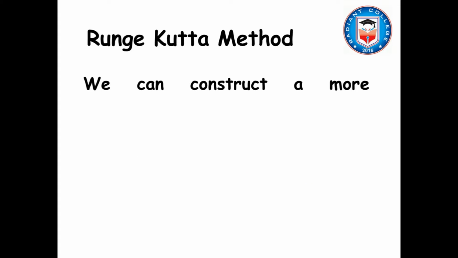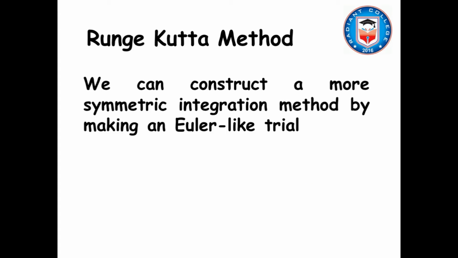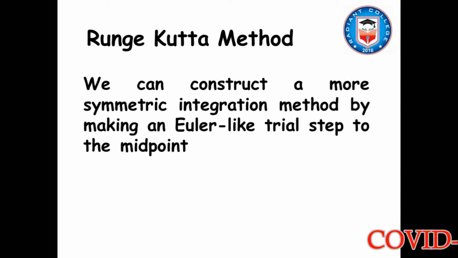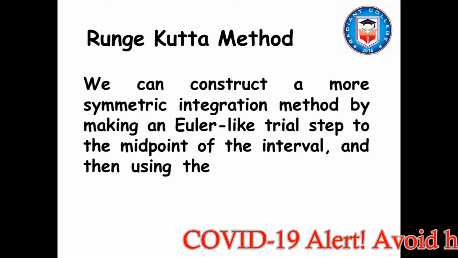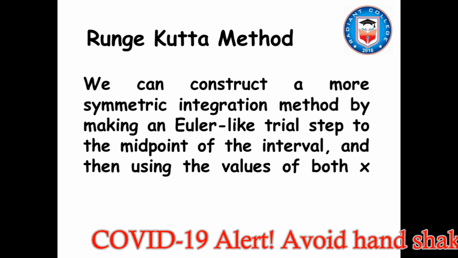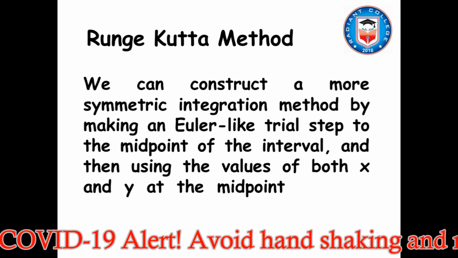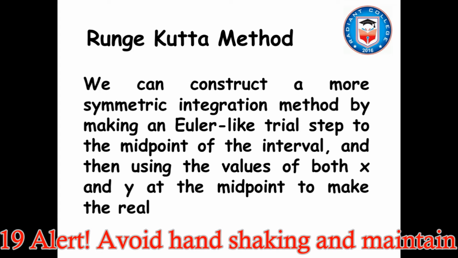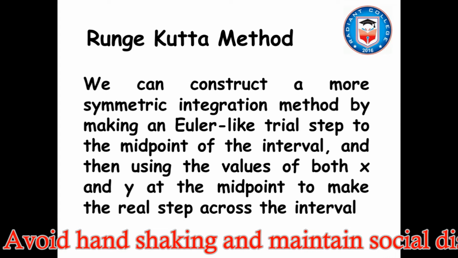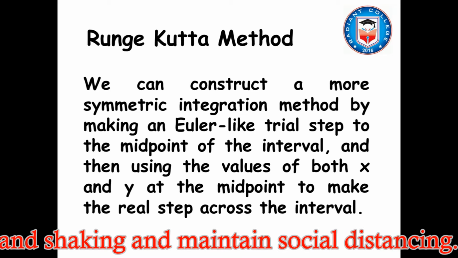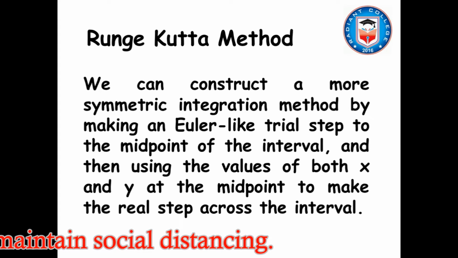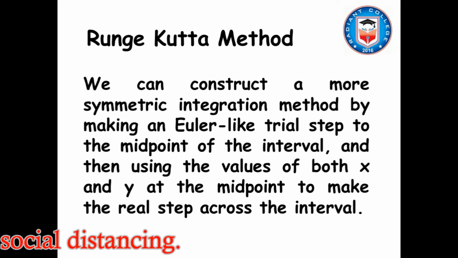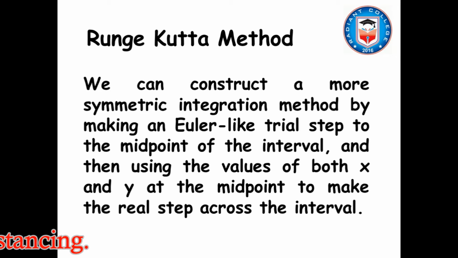We can construct a more strict integration method by making Euler-like trial steps to the midpoint of the interval and then using the values of both x and y at the midpoint to make the real steps across the interval. Runge-Kutta method actually tells us the smaller the step size, the more accurate the solution will be.